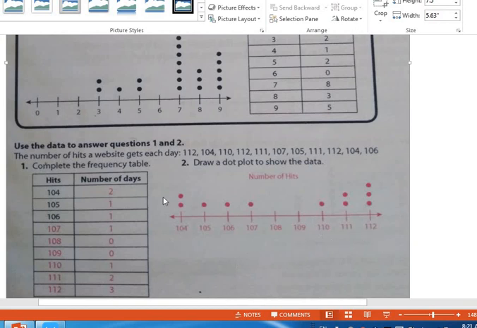So 104 has 2, then 105 has 1, 106 has 1, 107 has 1, and for 108 and 109 no times, no number of days. So 110 one time, 111 two times, 112 three times.